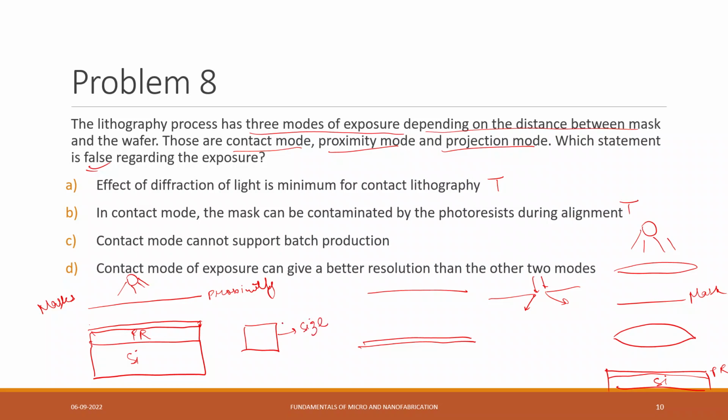Whatever the dimensions on the mask, that is the least it can go. But in projection you can make features that are smaller than the size on the mask, so that's why contact mode can't support batch production. So this is also true. And the last option: in contact mode of exposure, it can give a better resolution than the other two modes.